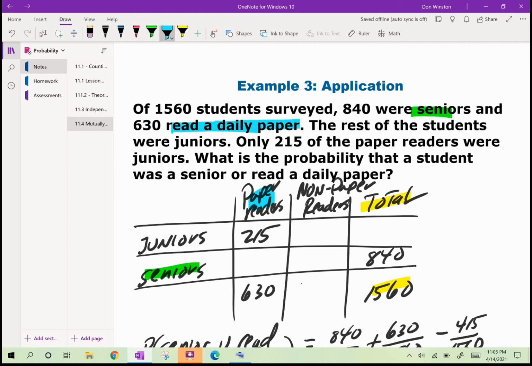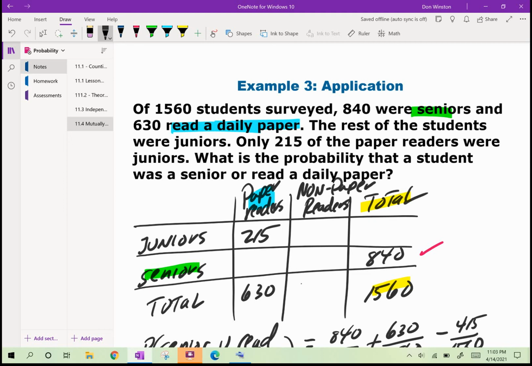So there was a total of 840 seniors. And then 630, and I can say this is total down here too, when you make your table. So there were a total of 630 daily paper readers. The rest of the students were juniors.